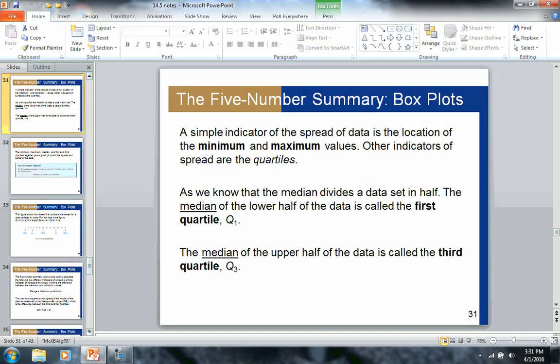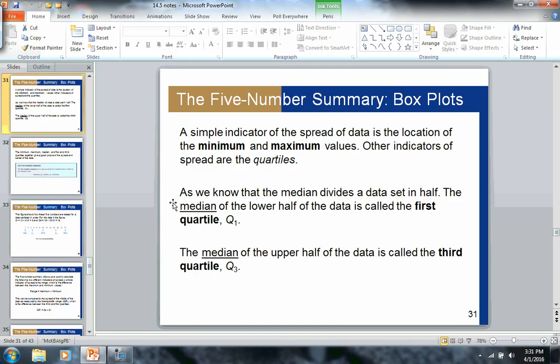Okay, and then we can also break that information down into quartiles. So 4 little pieces, because it's got the quart, like a quarter. When we do that, we're going to take all the numbers in our data set and put them in order. Then we're going to find the median of the whole set.